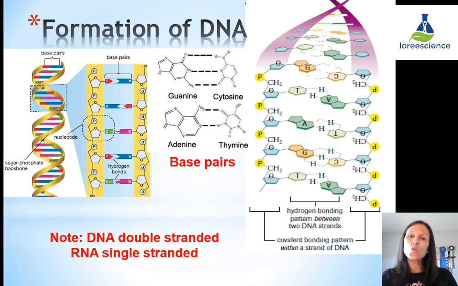The reason it twists is because these molecules are actually 3-dimensional, and in order for them to fit together like puzzle pieces, there has to be a twisting as they go down due to the structure of the nucleotides. So that is why DNA is called a double helix. It's because there are 2 strands and it twists because of the shape of the nucleotides.